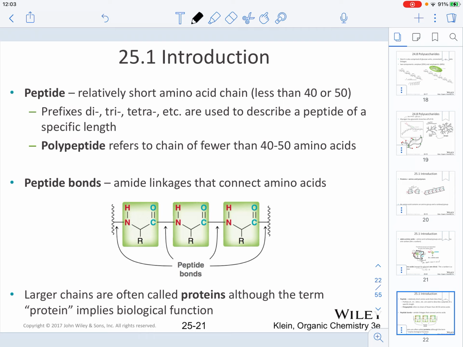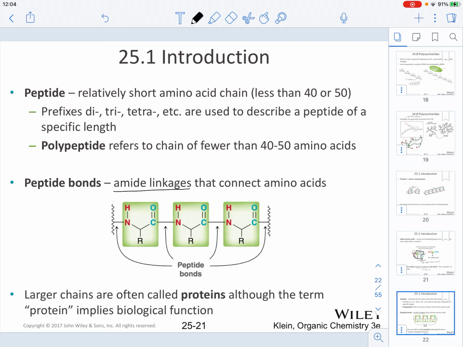Now, understand that a polypeptide refers to a chain of fewer than 40 to 50. Because once things get above 50 amino acid units, then we consider them a protein. What makes these amino acids be linked to one another in these peptides is a peptide bond, which, when we look at it at the chemical level, these peptide bonds are amide linkages between the amino acids.